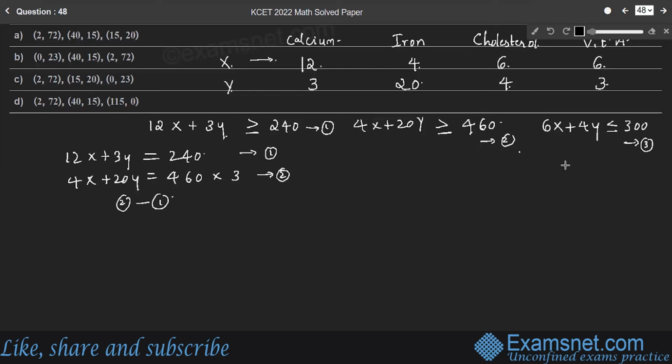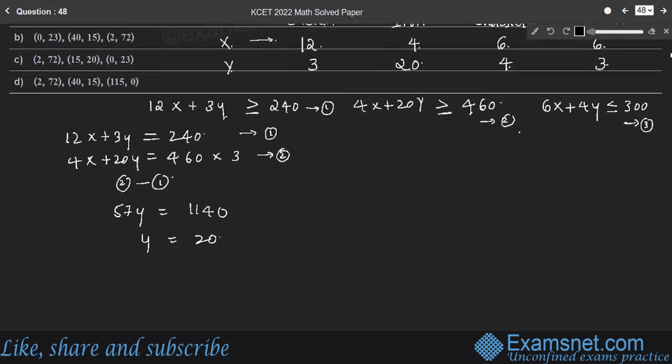So 60y minus 3y, which is 57y, is equal to 460 into 3, which is 1140. Then y is equal to 20.